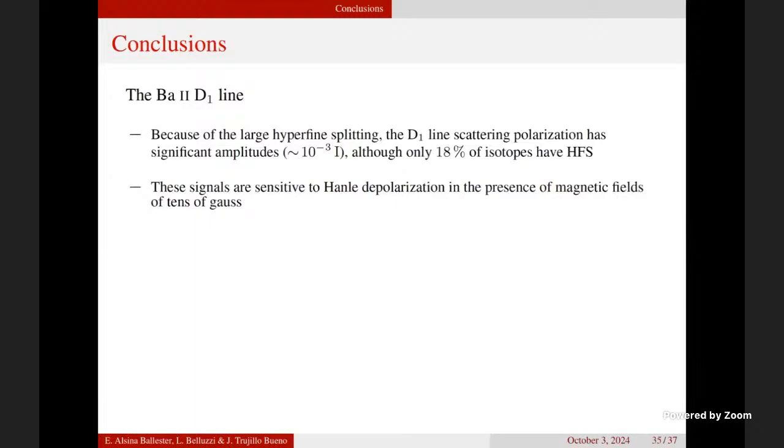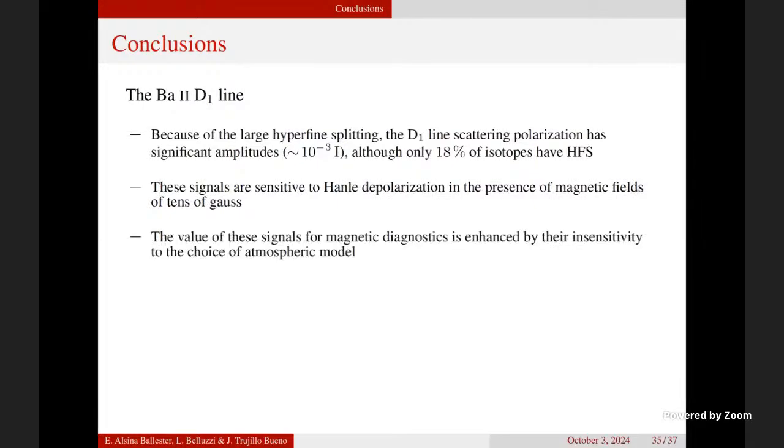These signals are sensitive to depolarization due to magnetic fields on the order of tens of Gauss. And their value for magnetic diagnostics is enhanced by the fact that they appear to be insensitive to the choice of atmospheric model. So we can isolate the magnetic dependence from that of the atmospheric model.